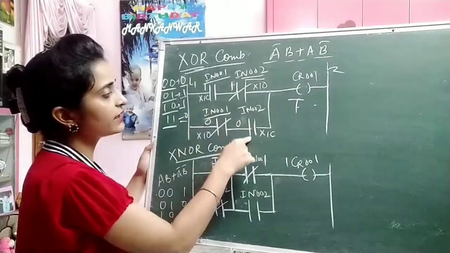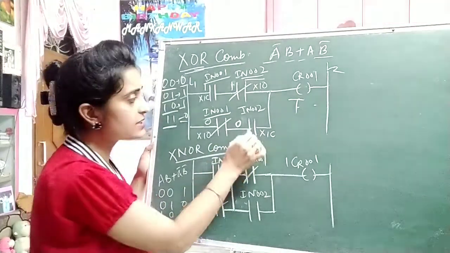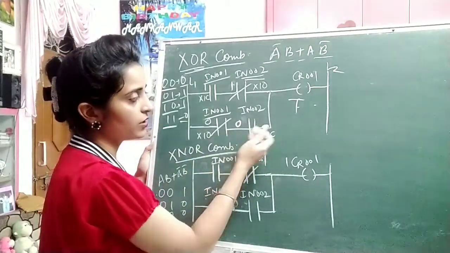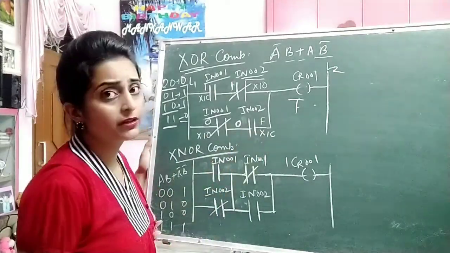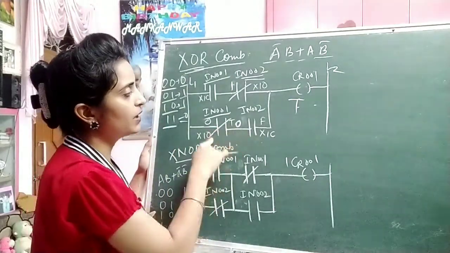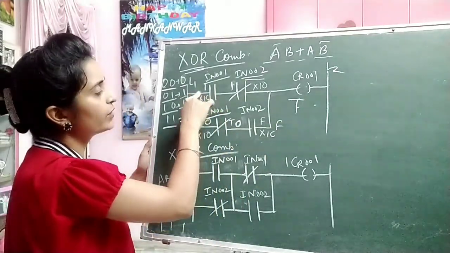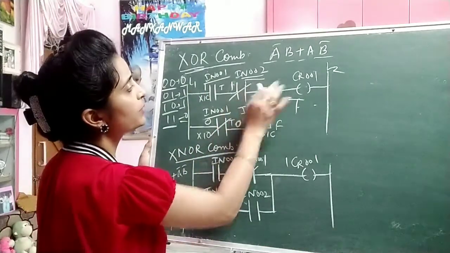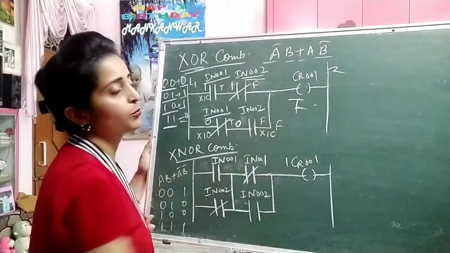In both these conditions, when 0 is provided, this is the XIC switch, so when 0 is provided, it is the XIO input. When 0 is provided, the output will be false, and here when 0 is provided, the output will be true. These are multiplied, true and false multiplied, so the output comes to be false. And if 1 is provided here, the output will be true, but there, if 1 is provided, the output will become false.